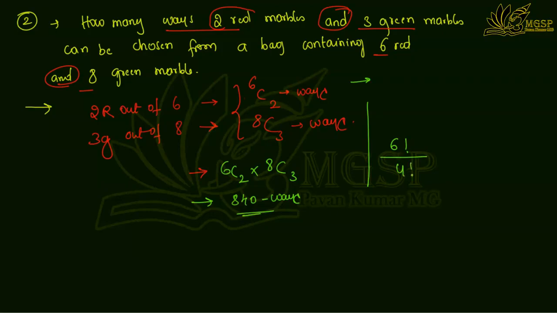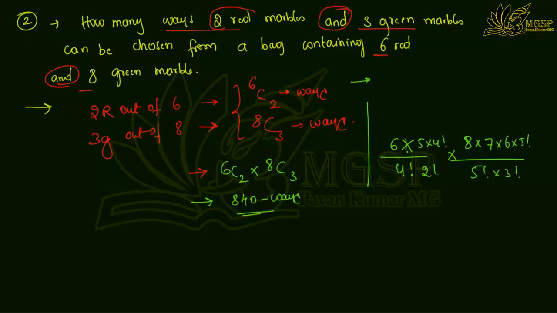Expand this till 6 into 5 into 4 factorial over 4 factorial into 2 factorial, and 8 factorial over (8 minus 3) factorial, meaning 5 factorial: 8 into 7 into 6 into 5 factorial divided by 5 factorial into 3 factorial.